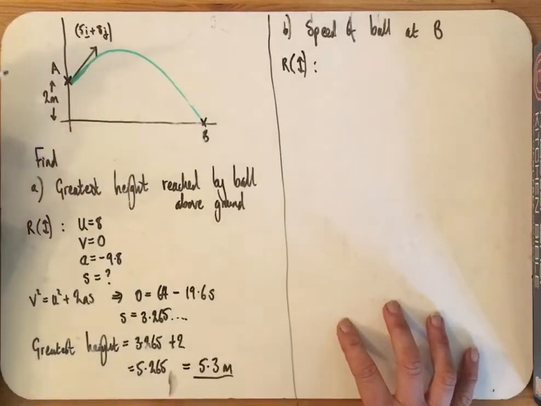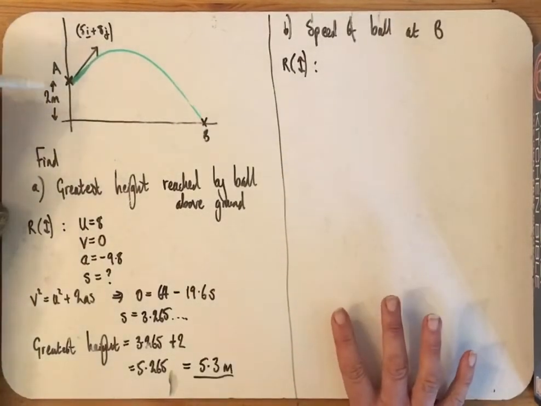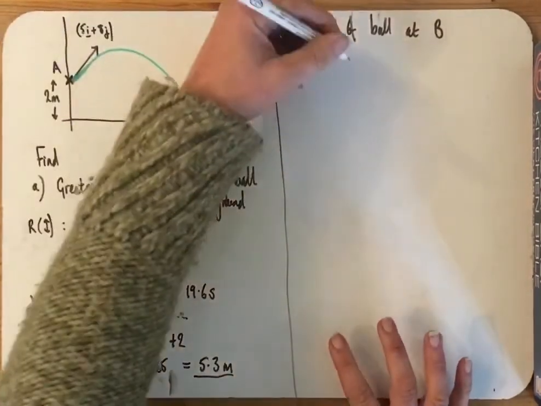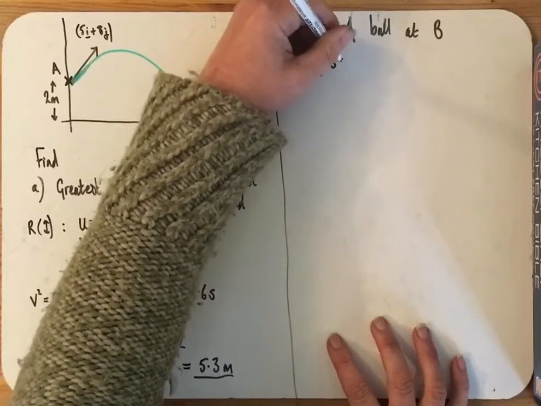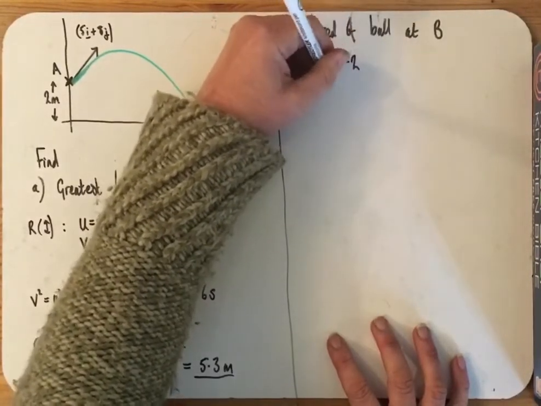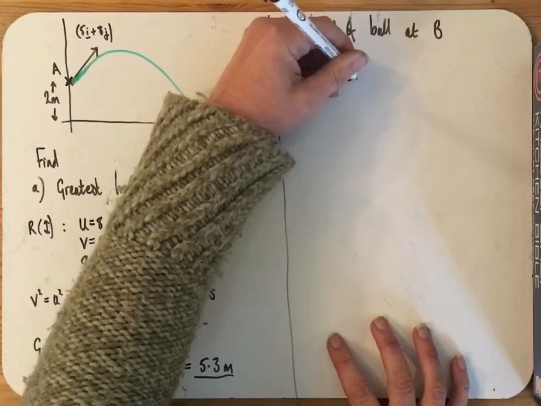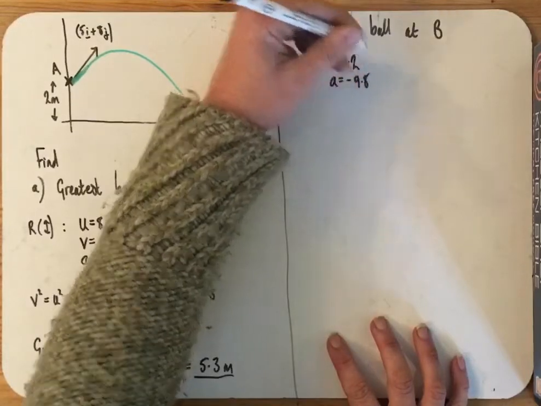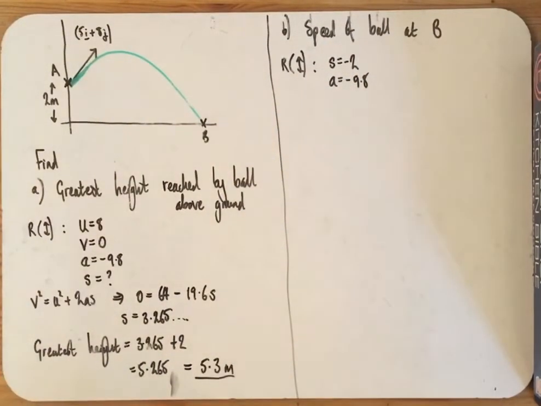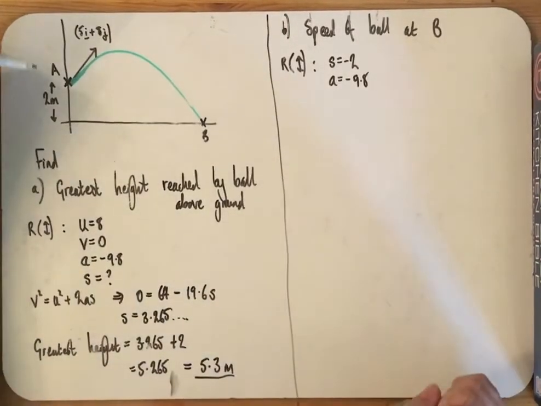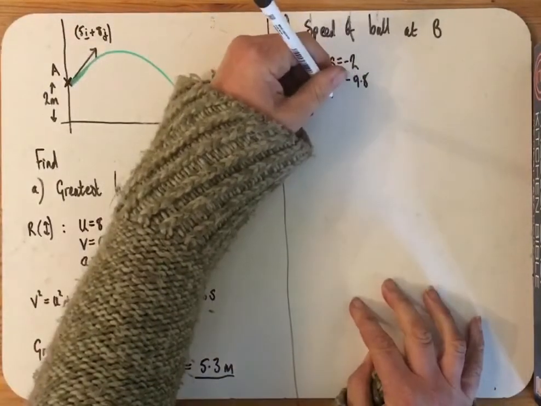And so this time, the displacement is minus 2. a is still equal to minus 9.8. We're looking for v, and we know that the vertical component at the beginning is equal to 8.